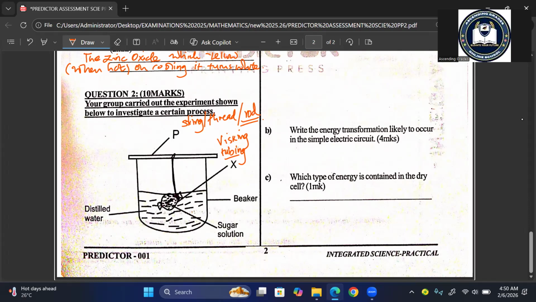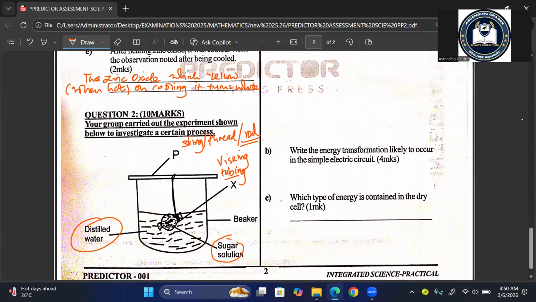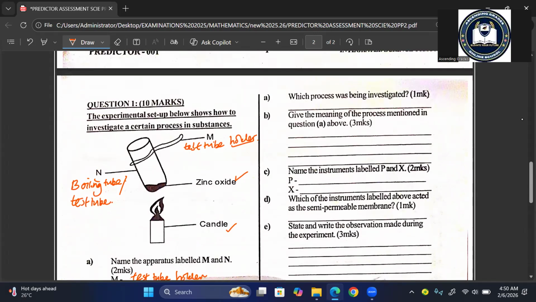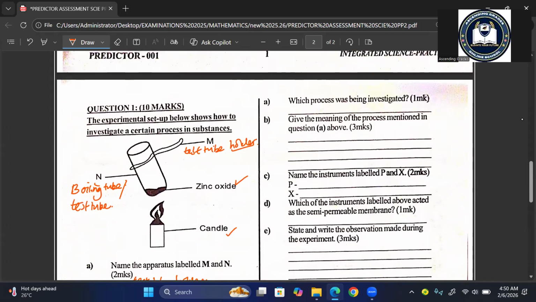So you're told which process was being investigated. So we can see we have a region of higher concentration of water molecules, and we have a region of low concentration of sugar solution. And we know that this one will fall under the process of osmosis.